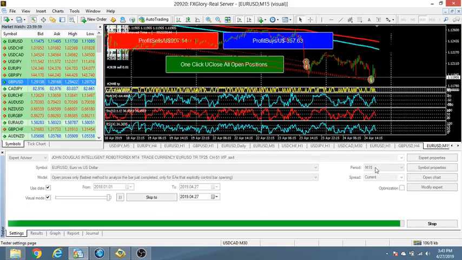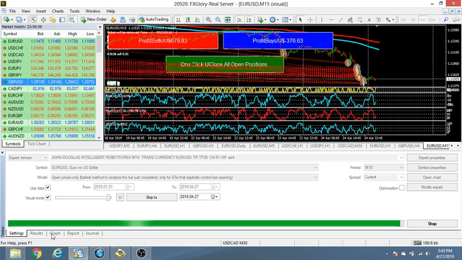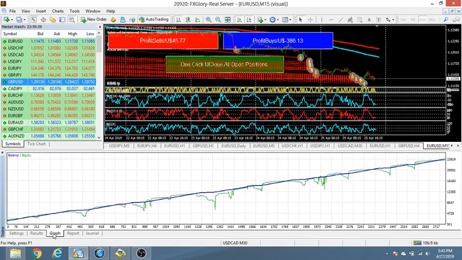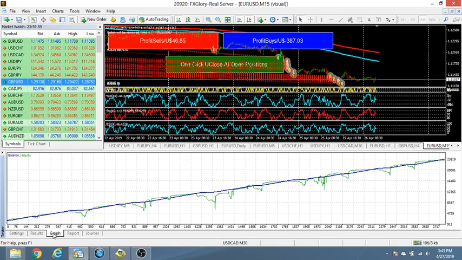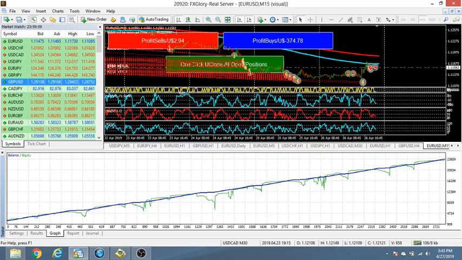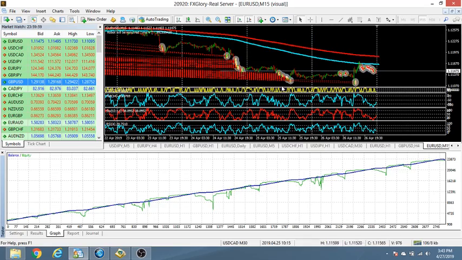Here I run at 15-minute time frame. You can see through this the profit button, the blue button, red button.